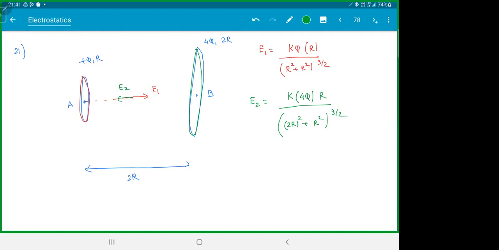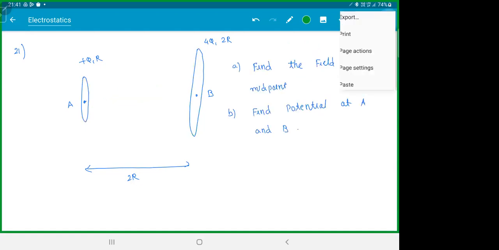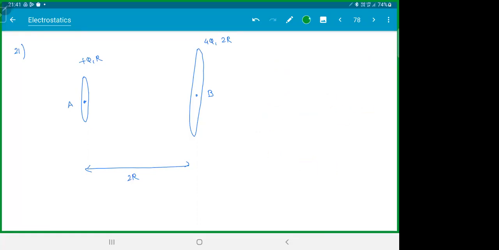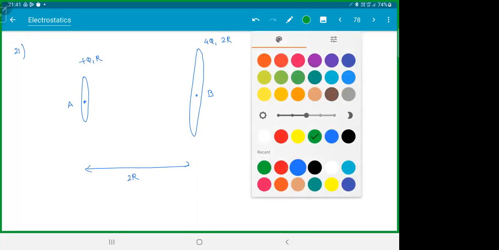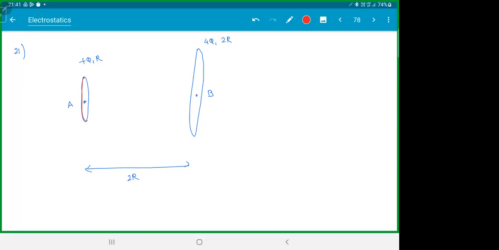How to find the potential? Potential is important. Now be careful here. Let's take this as the red one and that as the green one. This is the common mistake people make. When I say potential at A, we have two potentials, one due to its own ring and one due to the other ring also.